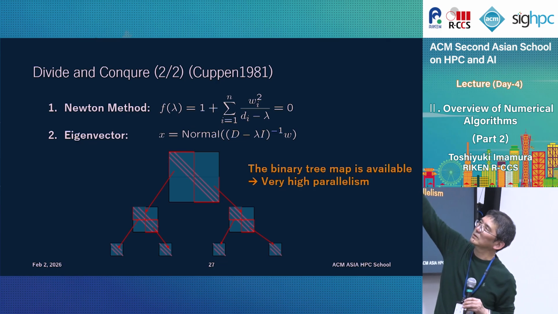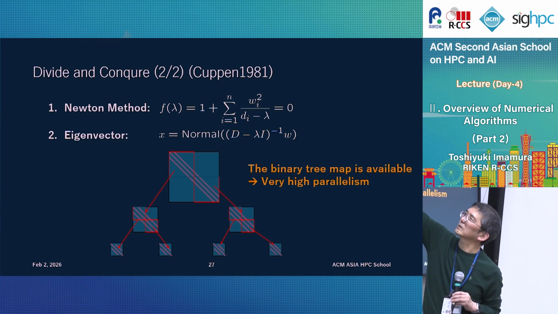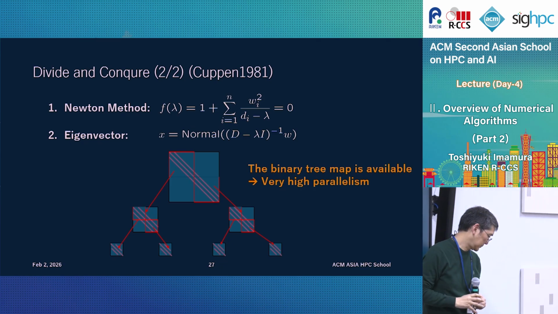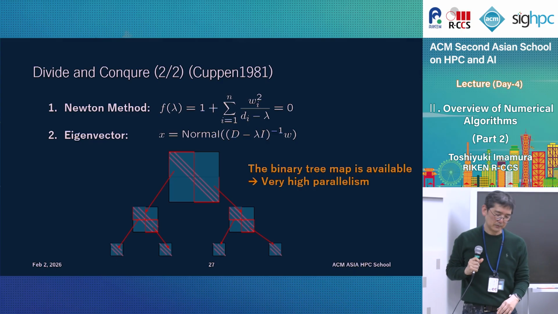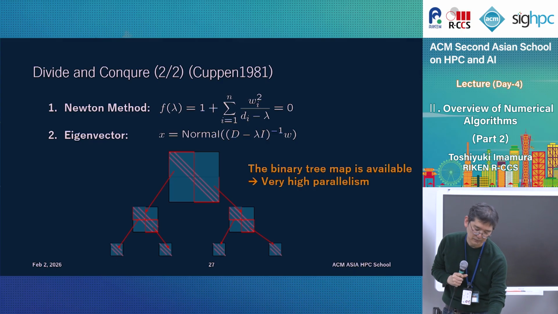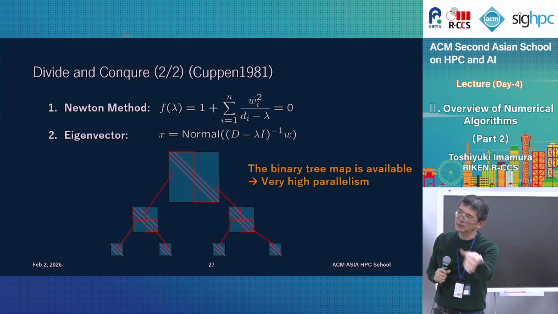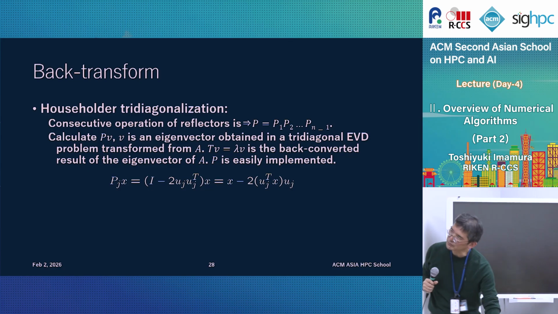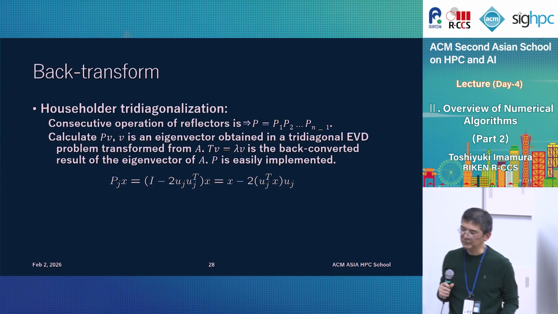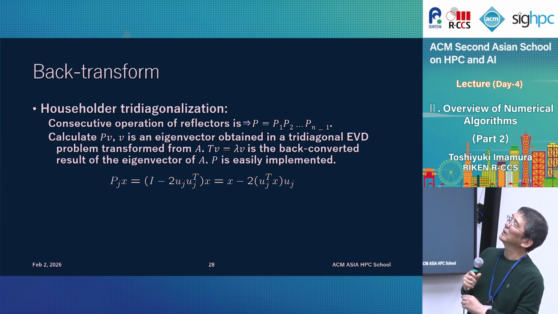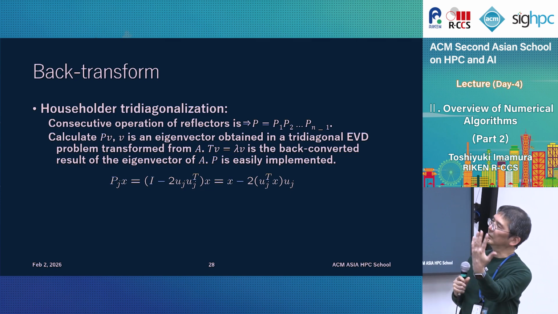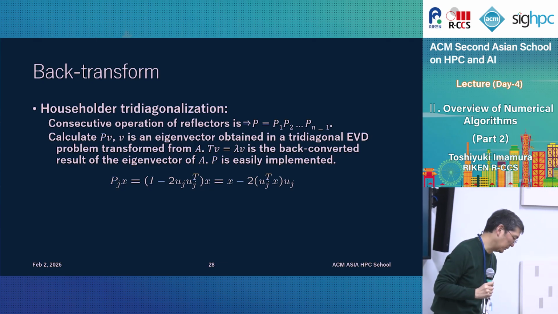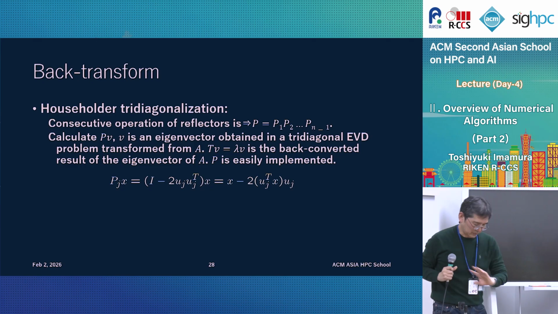Once we get the lambda, by substituting it into this equation, we obtain the eigenvector. Very simple, and it has no sequential order or data dependency, just from bottom to upper. And the back transform is just the reverse operation of when we converted the dense matrix into the tridiagonal one. Just a simple, opposite operation.